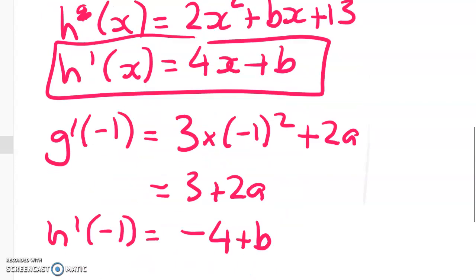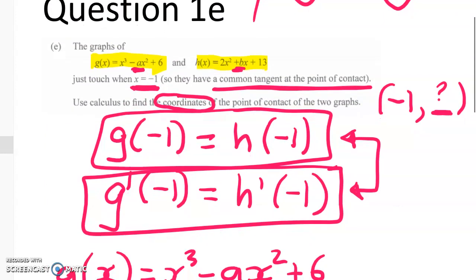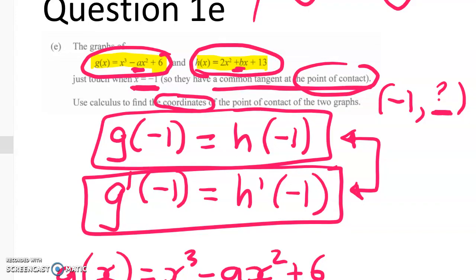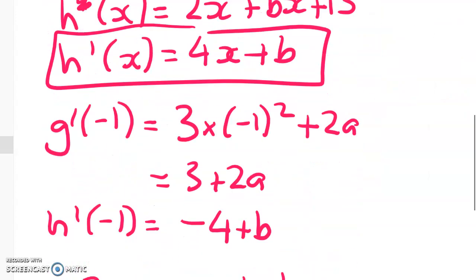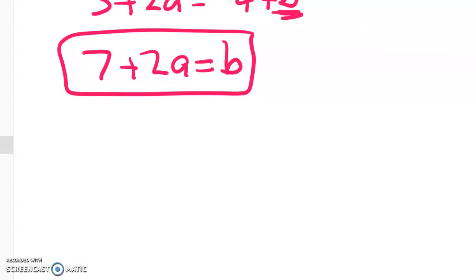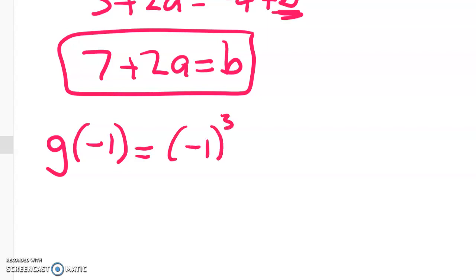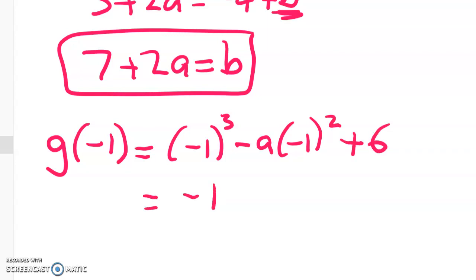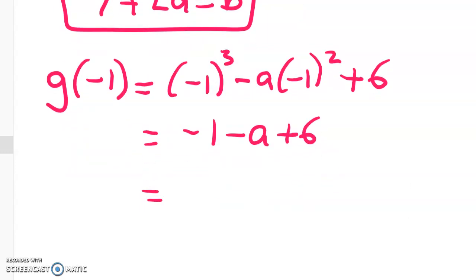Now let's go back and look at the condition we had first, which is that where is the point of contact? So at x equals -1, these two things are equal. So g of -1 is equal to x cubed, -1 cubed, minus ax squared plus 6, which is -1 minus a plus 6, or 5 minus a.